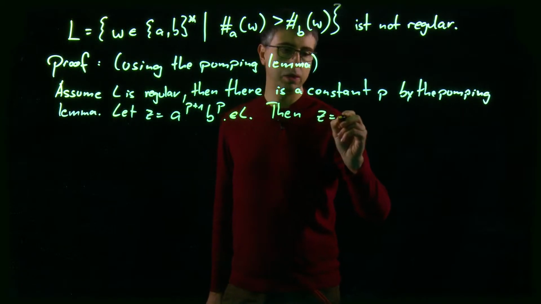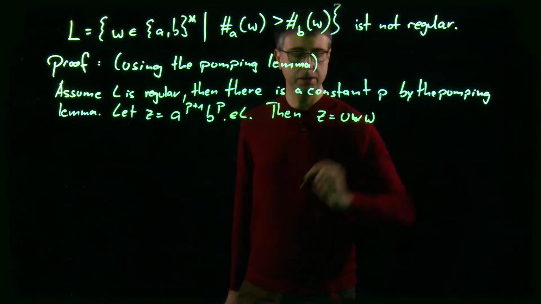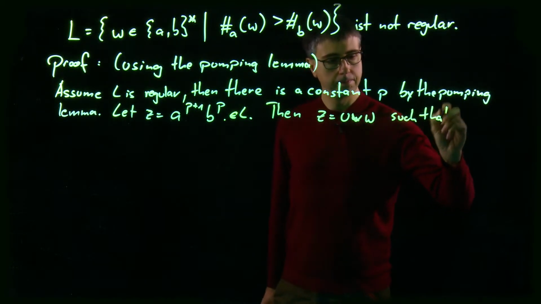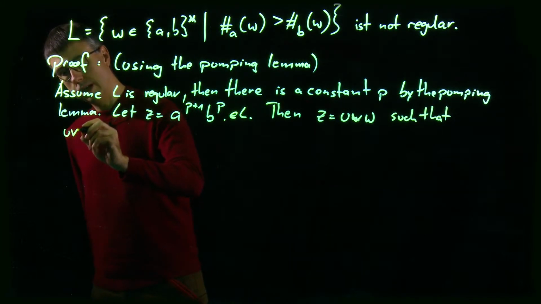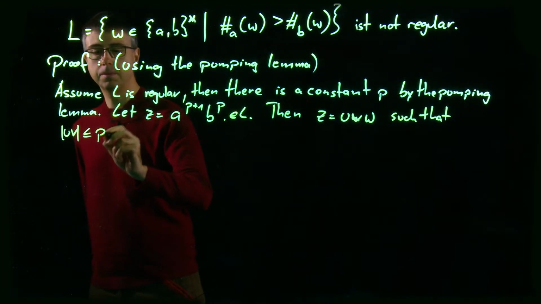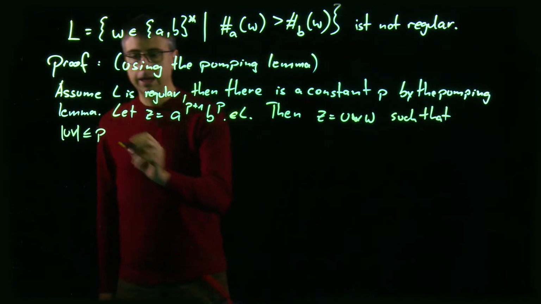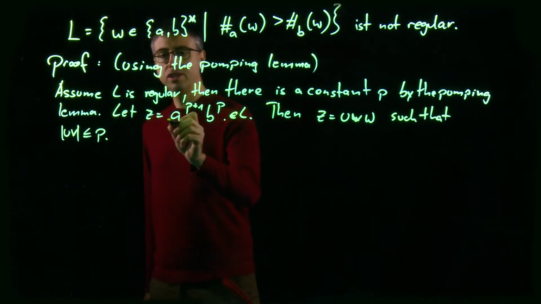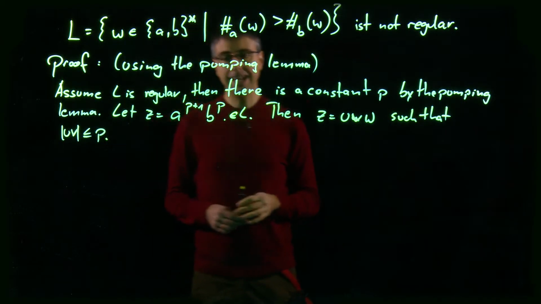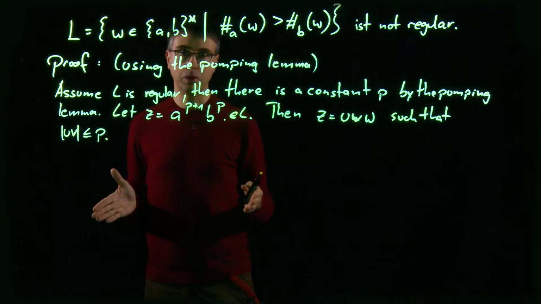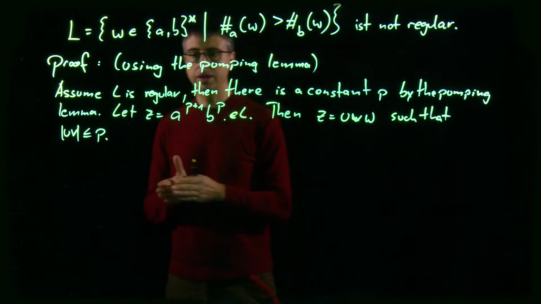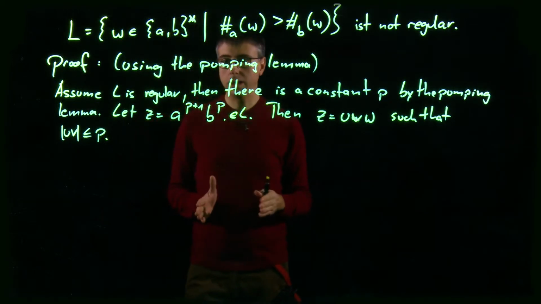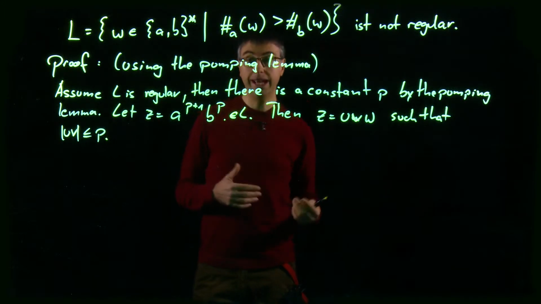Z equals UVW, such that the first part, UV, has a size less or equal to P. If the size is less or equal to P, then we know that UV can only consist of A's, because the first P plus 1 letters in the word Z are only A's.